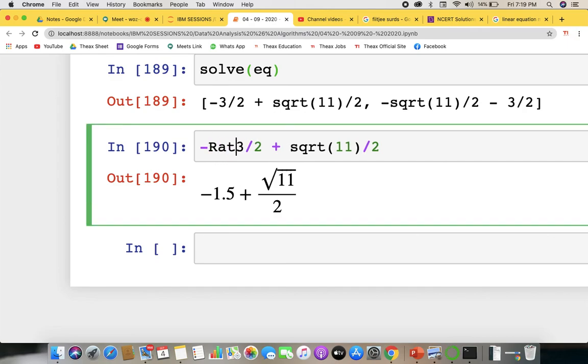Alright, let's make it a rational. What is 3 by 2, right? Okay, 3 by 2. So minus 3 by 2, the negative sign should be inside, right? Okay, 1 second.